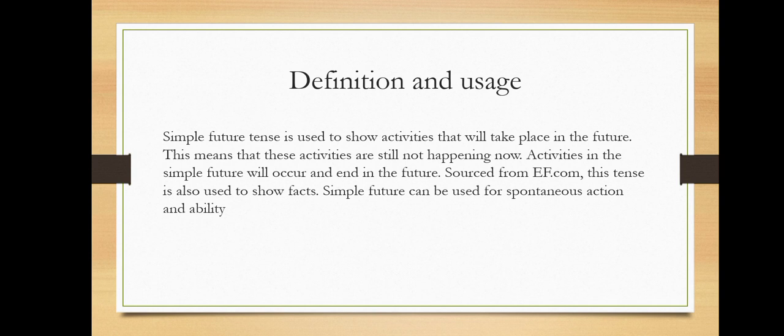Definition and usage. Simple future tense is used to show activities that will take place in the future. This means that these activities are still not happening now. Activities in the simple future will occur and end in the future.